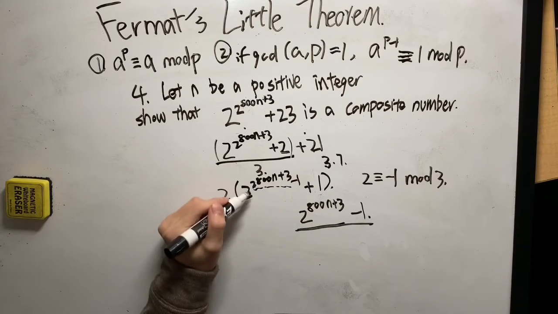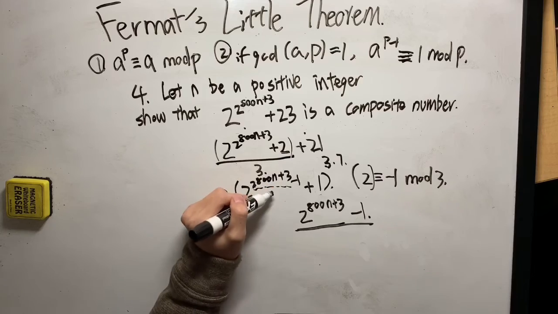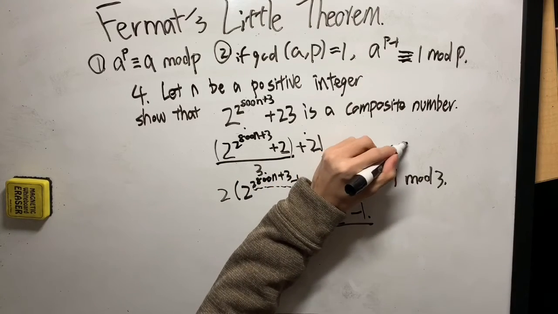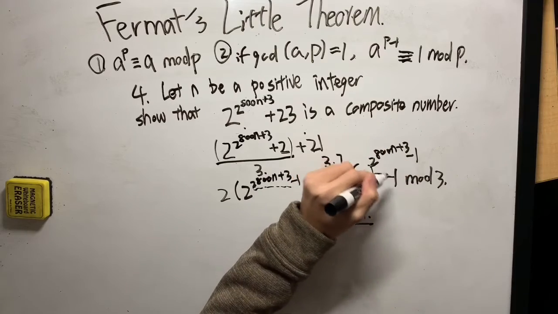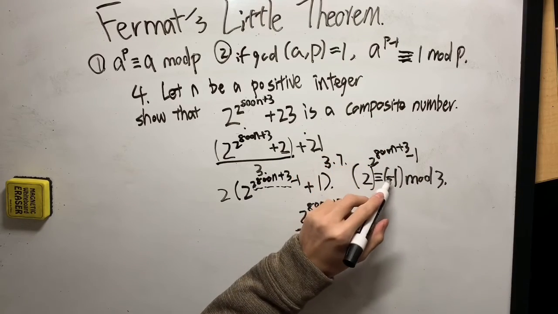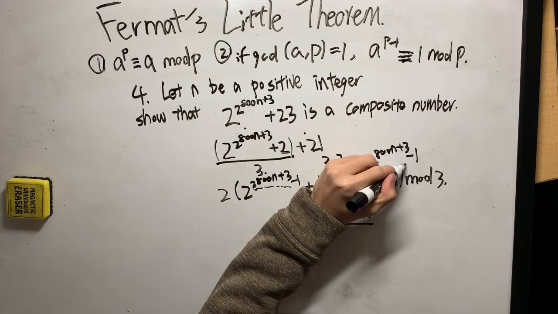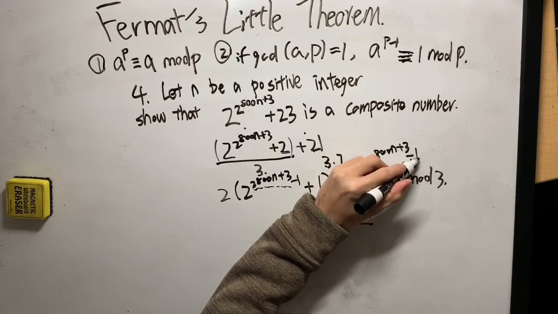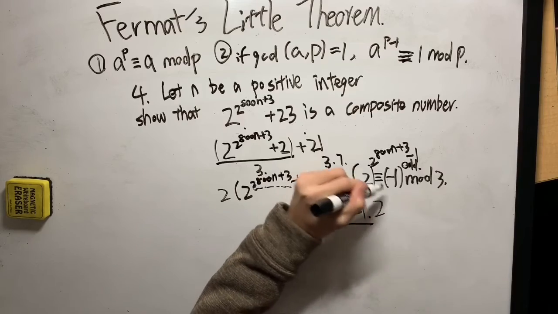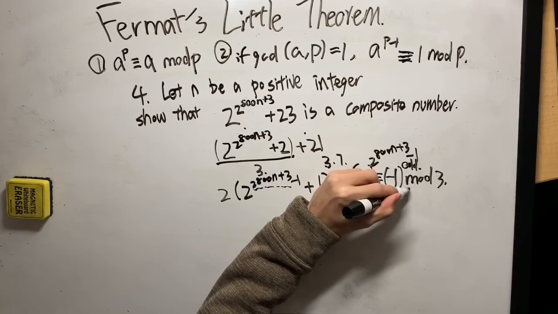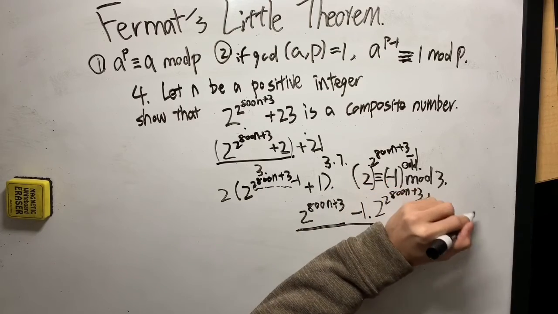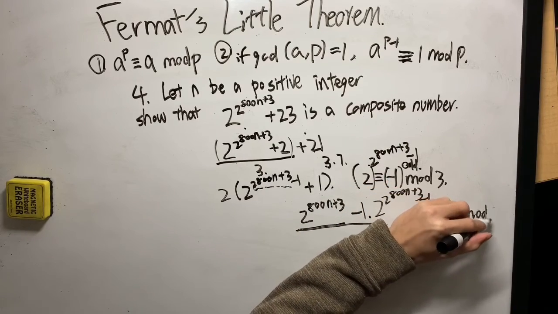So if I take the power of 2 to the 800n plus 3 minus 1, that's an odd number. The right side is still negative 1 because it is an odd number. Thus, 2 to the 2 to the 800n plus 3 minus 1 is congruent to negative 1 mod 3.